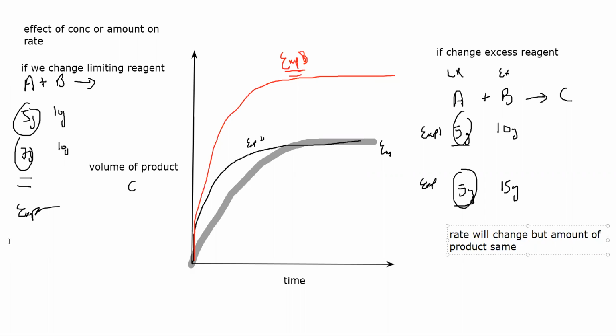But if we change a limiting reagent, the rate and the amount of product both will change. Is the idea clear, how the rate is affected by the concentration?